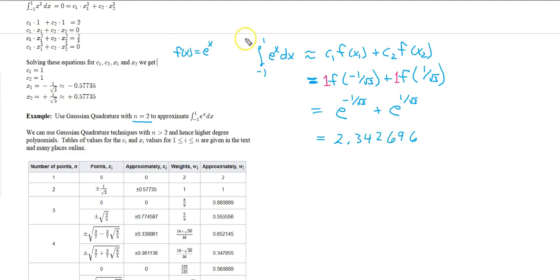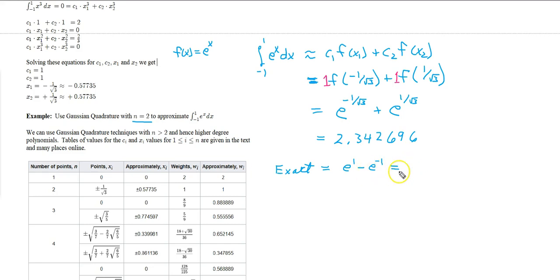And notice this is a really easy integral to evaluate anyway. Notice the exact value. Well, that's just going to be e to the 1 minus e to the negative 1 when you find the antiderivative of e to the x, which is just e to the x, of course.